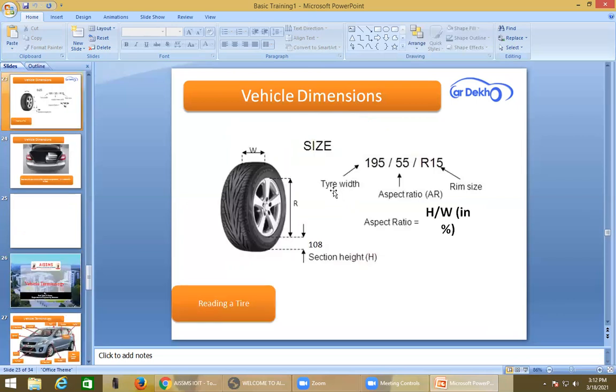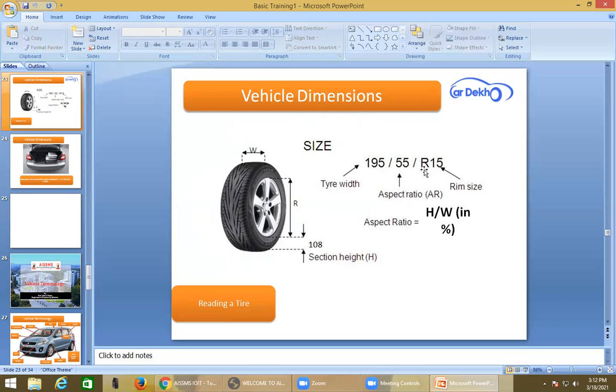Then specification of tires here. How to read the tire? Suppose 195/55 R15 is printed on the tire. The first digit represents the tire width, that is W. The second digit represents the aspect ratio, AR, which is the ratio of height, that is section height, divided by width, that is tire width.